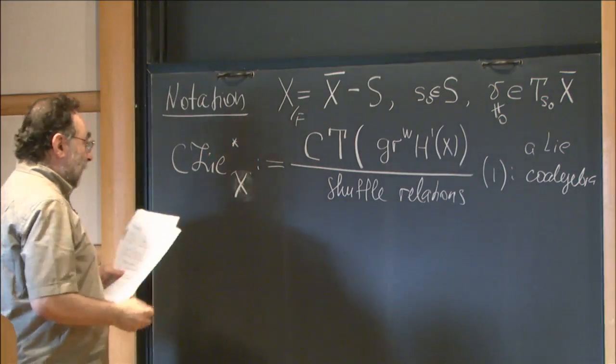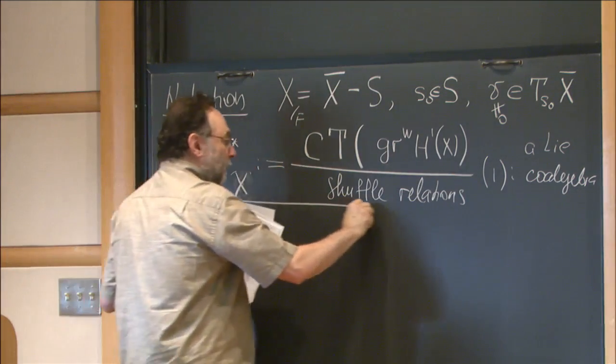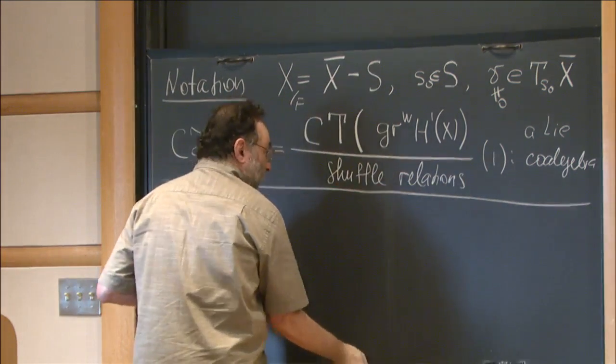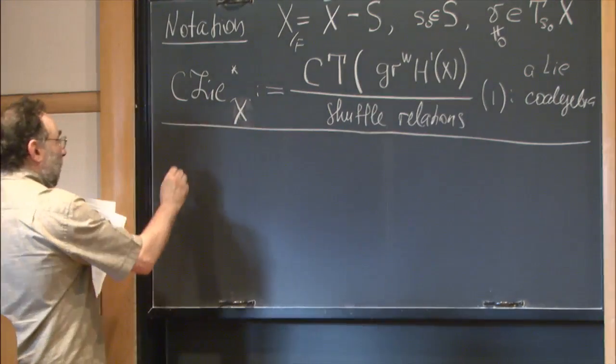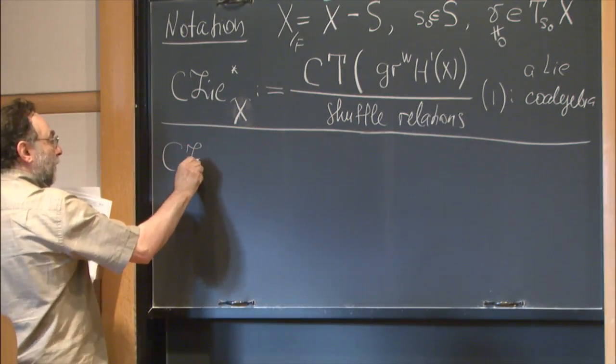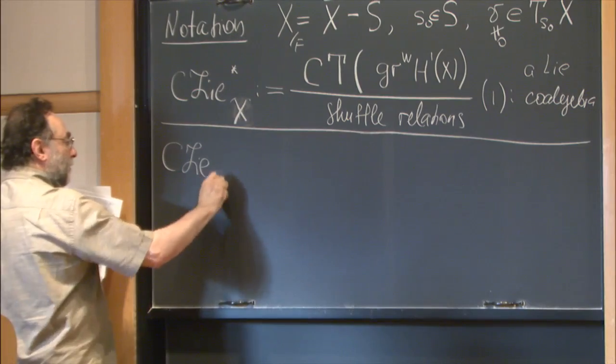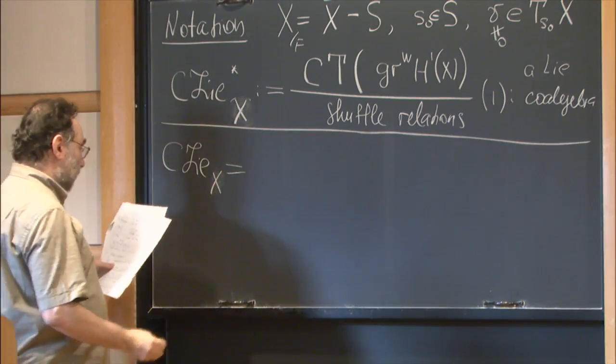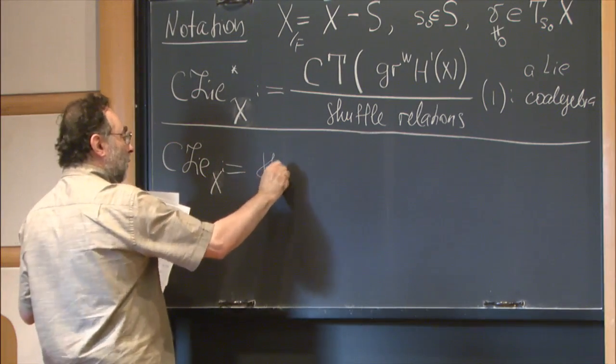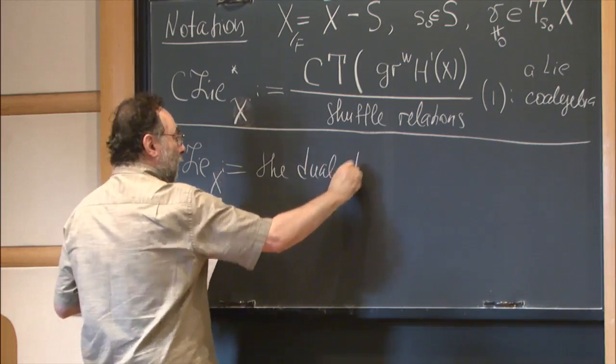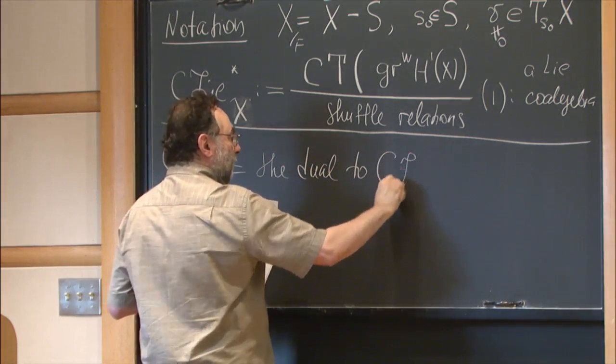Okay. Now, what I really need is a Lie algebra. So I called Cli X, this is by definition the dual to the previous guy.